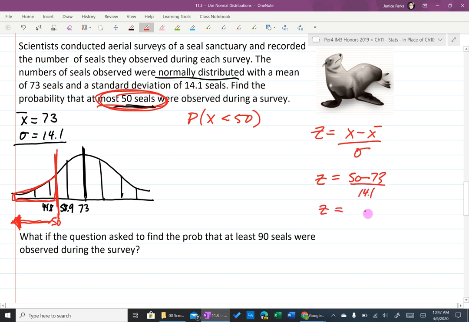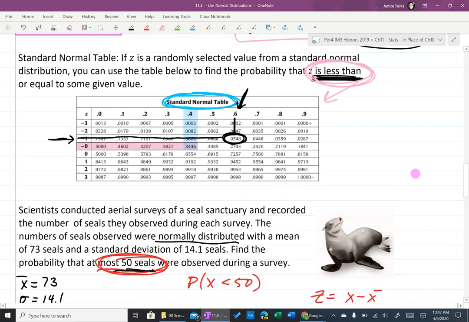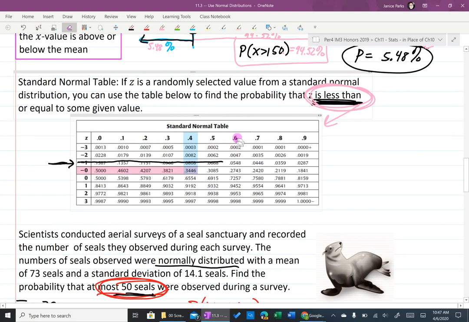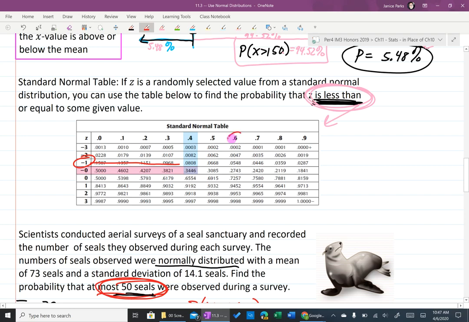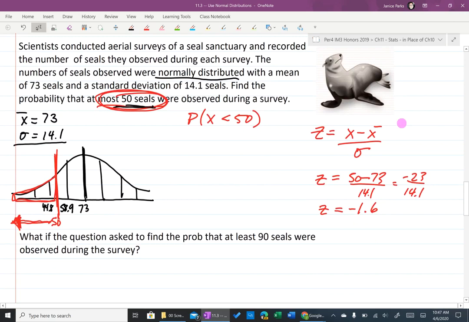The z-score is negative 23 divided by 14.1, which is negative 1.6, which is exactly what I just finished doing. I didn't plan that. If we look this up again, negative 1.6, that's 0.0548. So the probability is equal to 5.48%, and that's this side, the less than side. Okay.